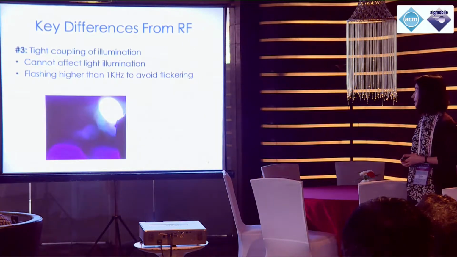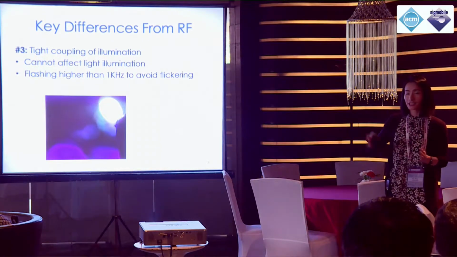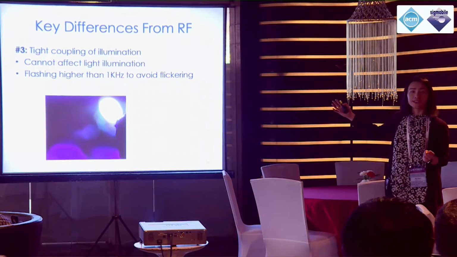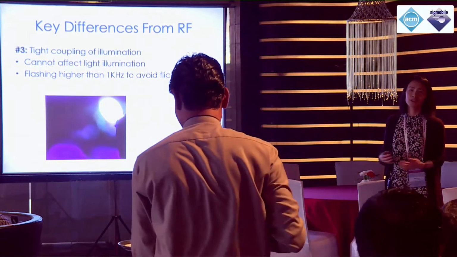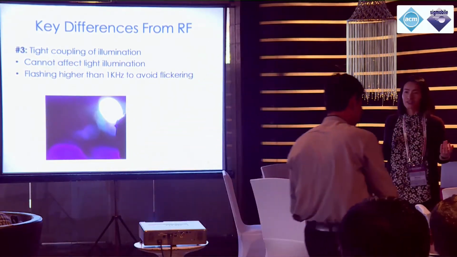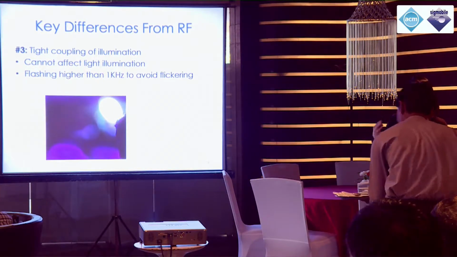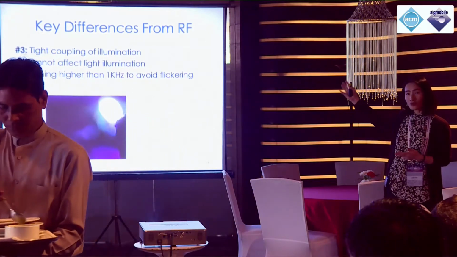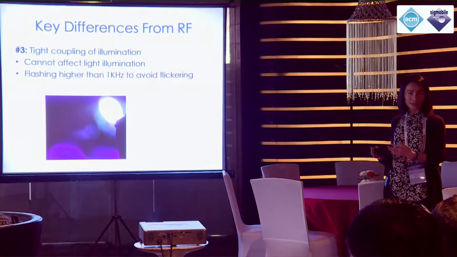And then lastly, I think that's the key difference between light communication and RF, which is the tight coupling with illumination. RF is imperceptible. You can modulate it however you want. But for light communication, you do need to be mindful about the speed of the changes of intensity because they are also, at the same time, providing the illumination to the space.